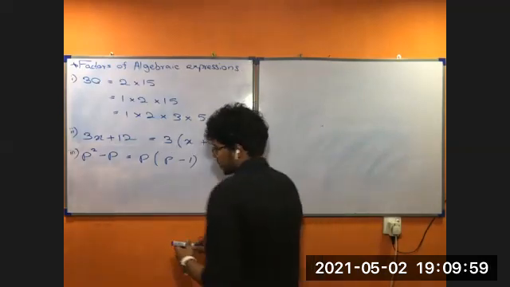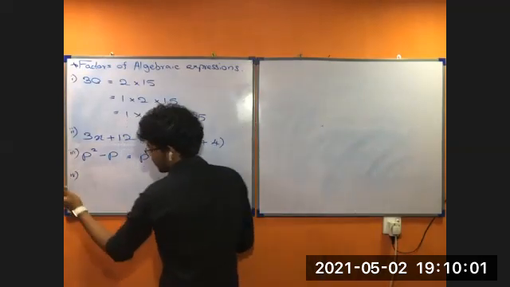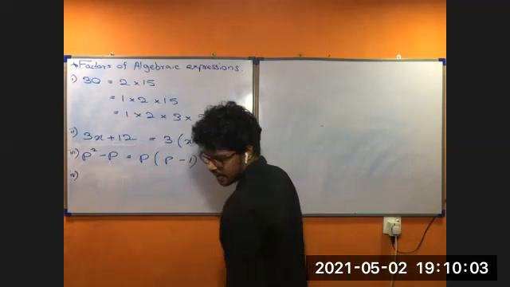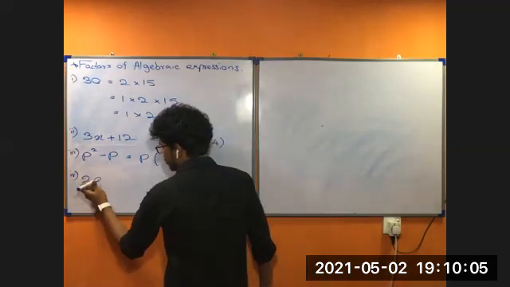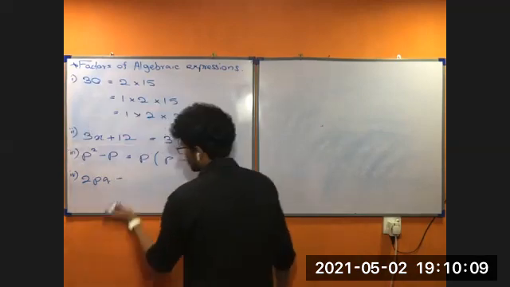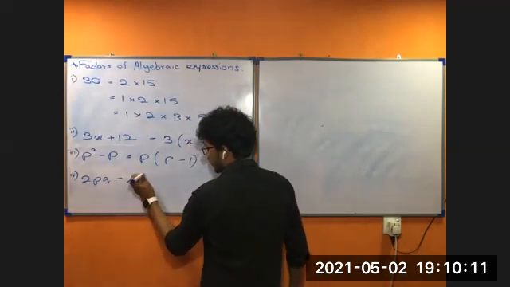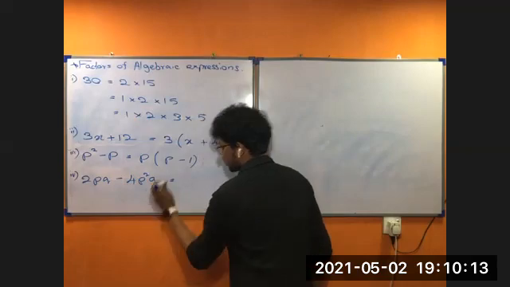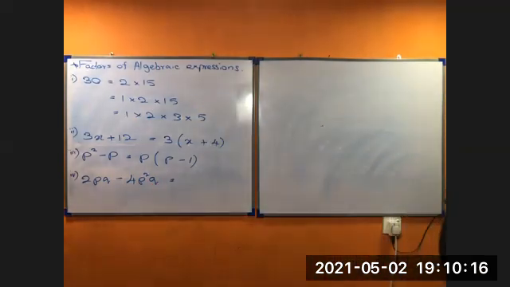Next one. Fourth one. Let's say 2pq minus 4p squared q. Let's find it quickly.